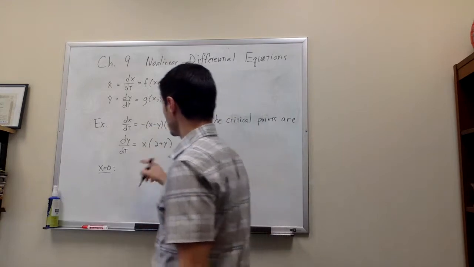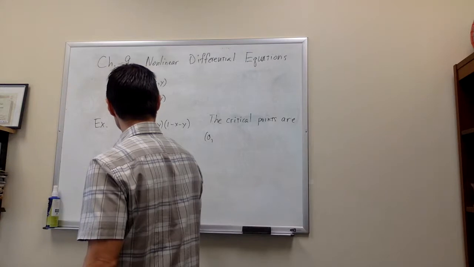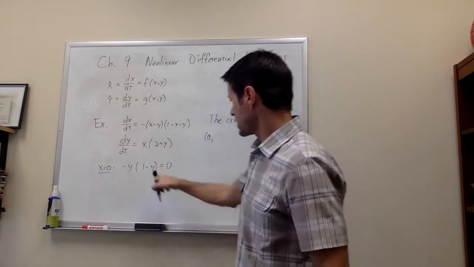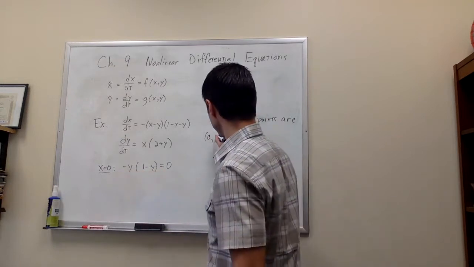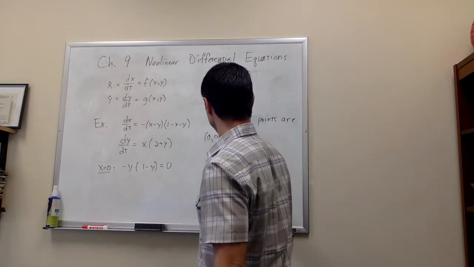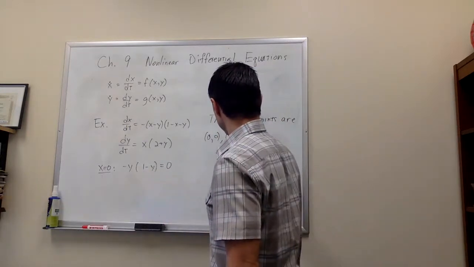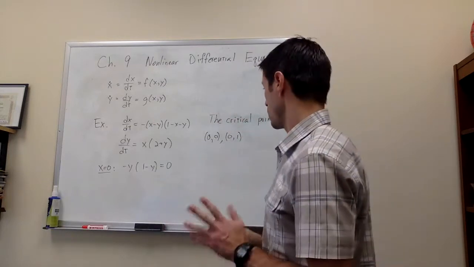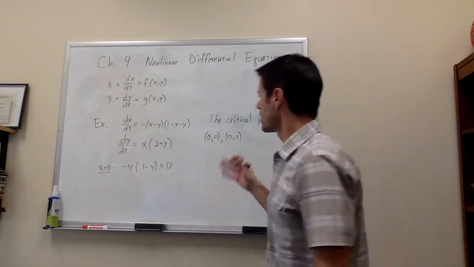So if x is 0, I have minus y times 1 minus y, set equal to 0. Here I basically solve for y. Either y is 0, so that would be one solution, or y can be 1. So if x is 0, y can be either 0 or 1, and I have two critical points from setting x equal to 0.